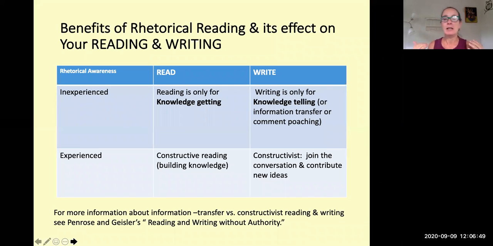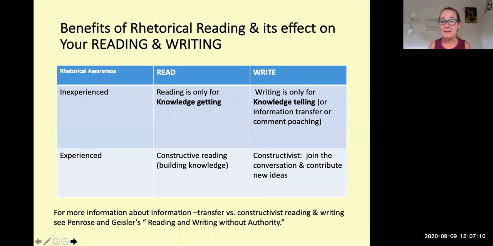So you're like a bucket and you think you're reading just to quickly learn stuff and memorize some facts, right? And if you're inexperienced, when you write, you're writing for knowledge telling. So you're kind of proving that you understand or learned what you were supposed to learn, and you might quote the source and just move that information along, right?